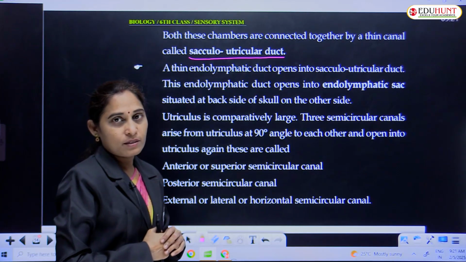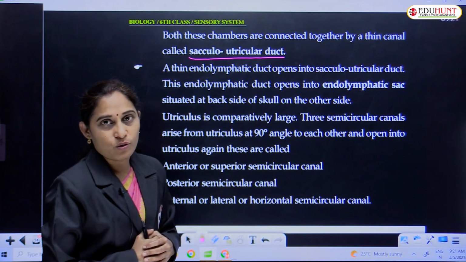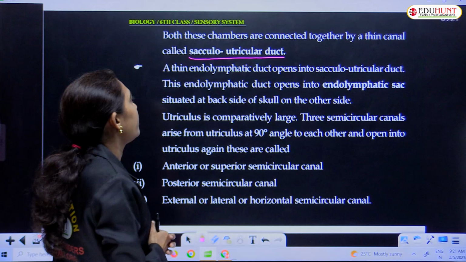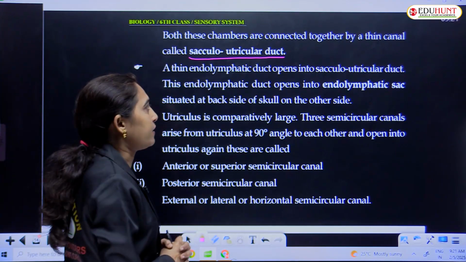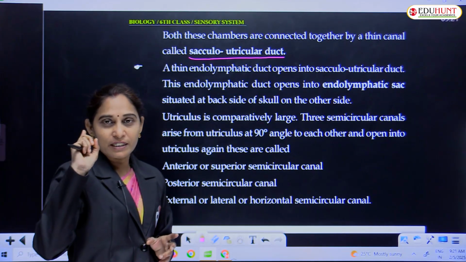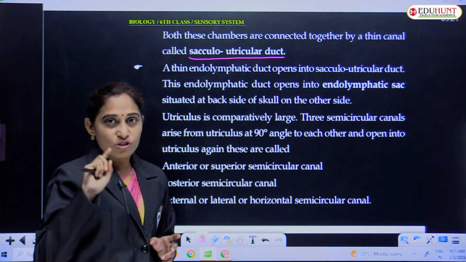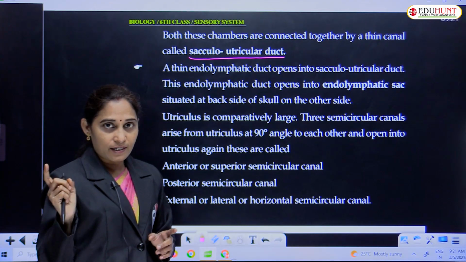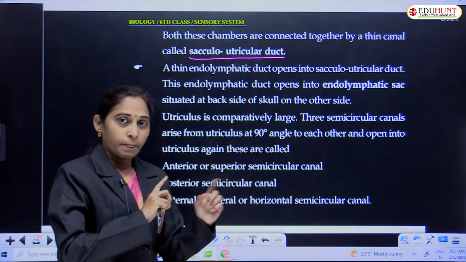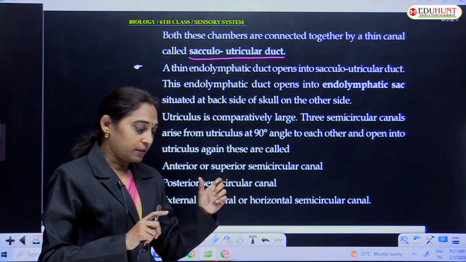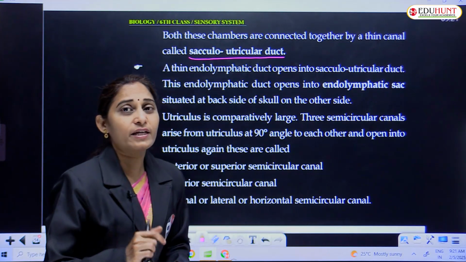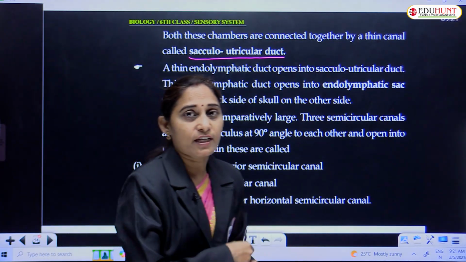What are the 2 chambers? Utriculus and sacculus. These 2 are connected by sacculo-utricular duct, where we have seen in the middle ear a duct called eustachian duct. That is the canal that connects the tympanic cavity and the pharyngeal cavity.